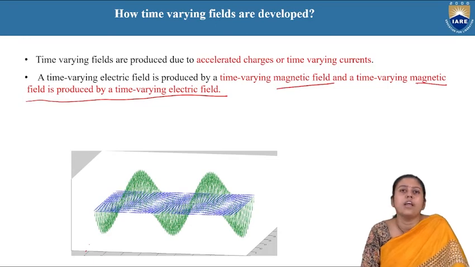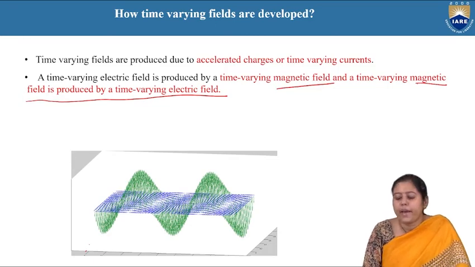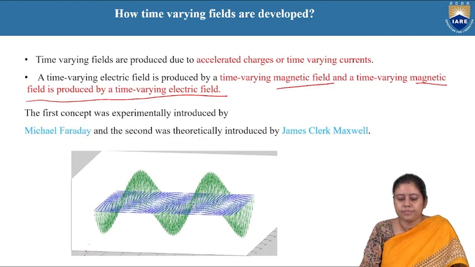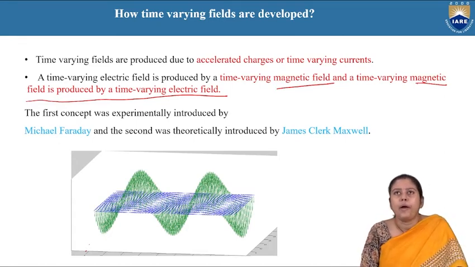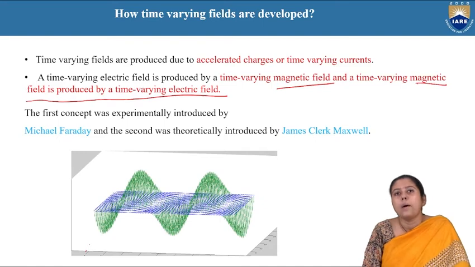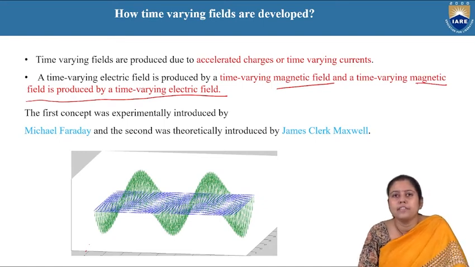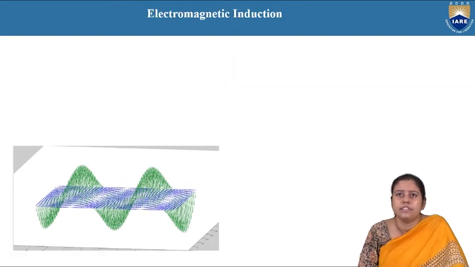That's why it is known as the electromagnetic field. The first concept was experimentally introduced by Michael Faraday and it was theoretically proved by James Clerk Maxwell, and these two persons are known as the fathers of electromagnetism or fathers of electricity.